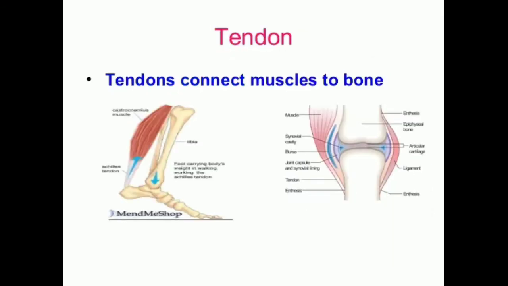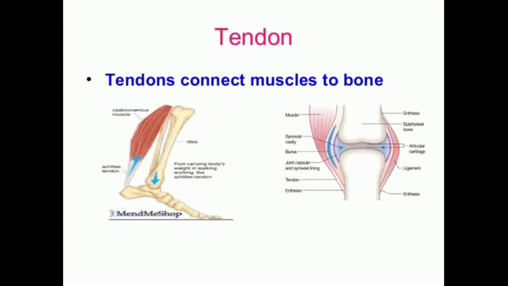Next one is tendons. Tendons will connect the muscles to the bones and are another type of connective tissue. Tendons are fibrous tissue which have great strength, but they have limited flexibility. The ligaments were highly flexible, but the tendons have limited flexibility, and tendons will connect bone to muscles.